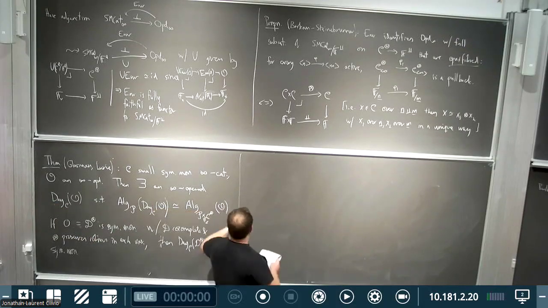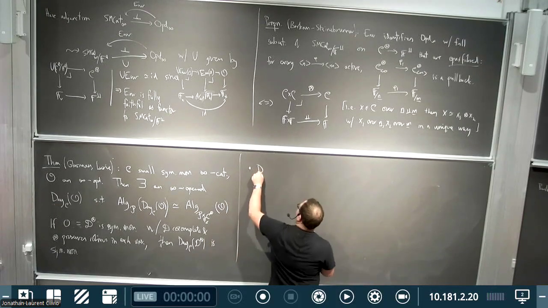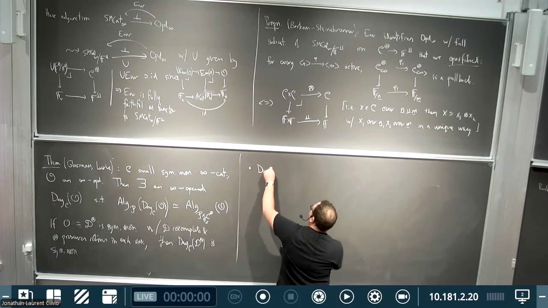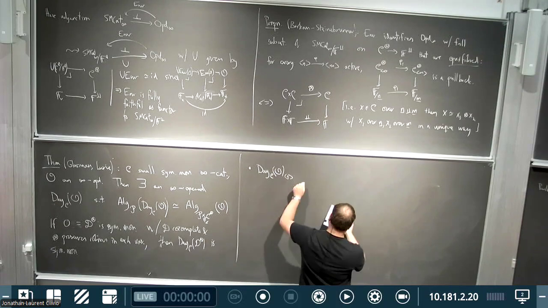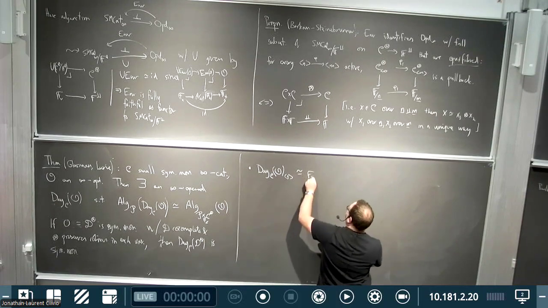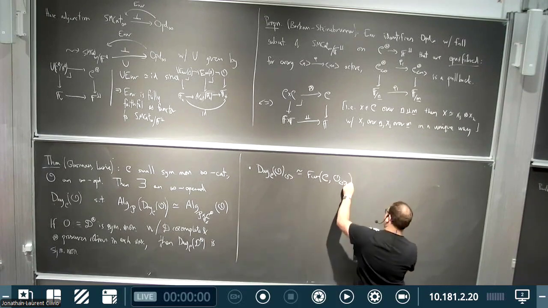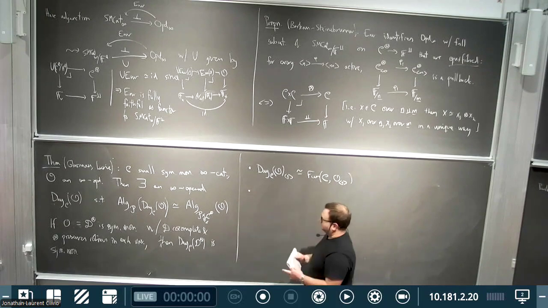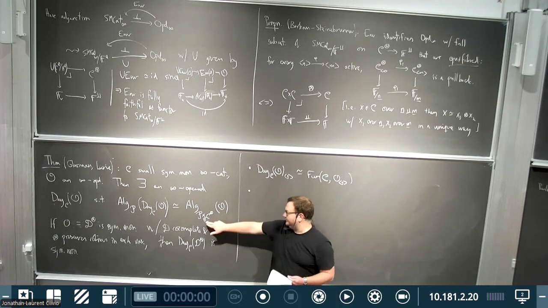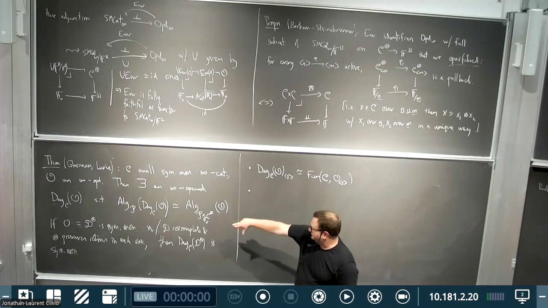So in particular, from this universal property, you can extract that the underlying infinity category of Day(C, O) is functors from C to O. And this universal property, so I'm saying what I have here is P times C, is an equivalence of infinity categories.